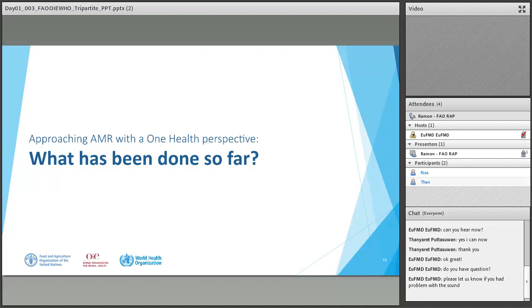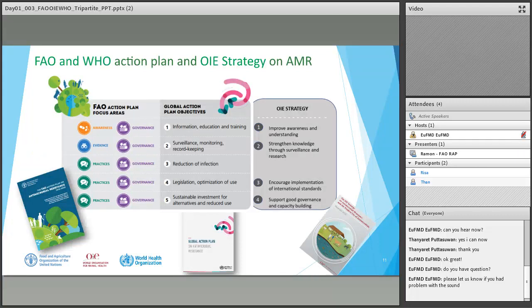So we would like to introduce you to what we are doing so far in our region as a tripartite. So as you already heard, in 2015 the Global Action Plan was adopted by WHO, OIE, and FAO. And it has 5 different strategic objectives.